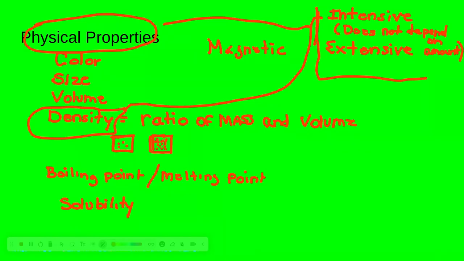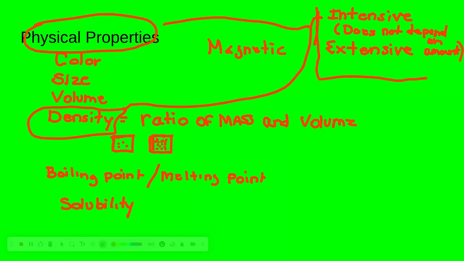It doesn't matter how much you have. It's still going to have the odor. The temperature, the freezing point, the melting point, the boiling point, the density, like I said, the state of matter it's in. It doesn't matter. Water is water no matter how much water you have. And of course there's also malleability and so forth.